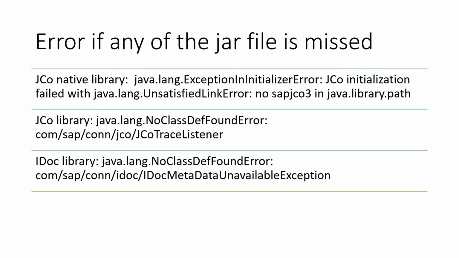But you may have given sapjco3 in your Java library path, but maybe the wrong one. This error will also come when you have given a wrong library which is not compatible with the operating system, for example, using sapjco3.dll in CloudHub.